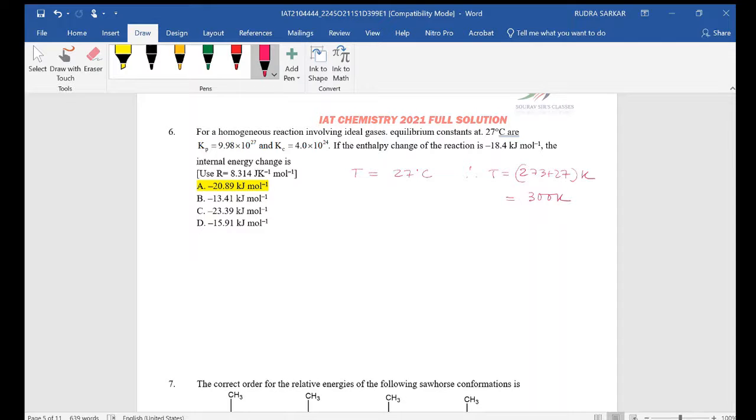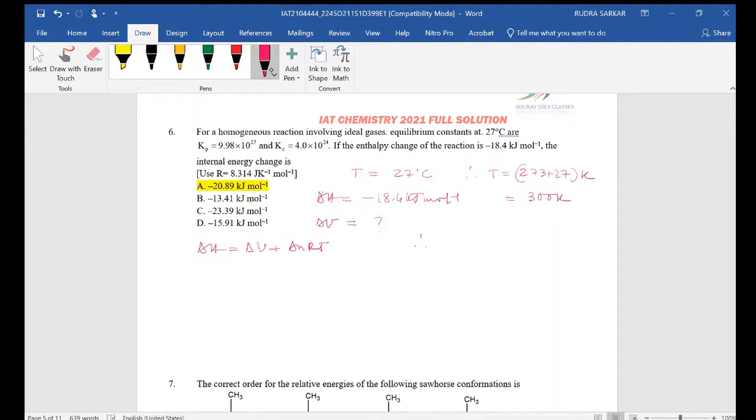If the enthalpy change, that is delta H, is minus 18.4 kilojoules per mole, the internal energy we have to find out, which is delta U. Now from the equation we know delta H is equal to delta U plus delta nRT.